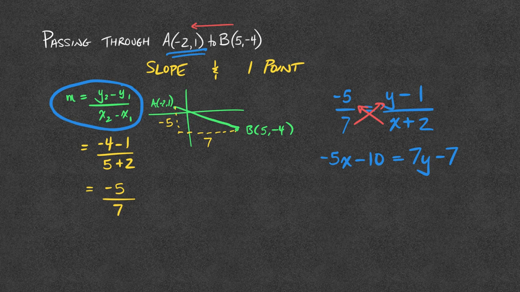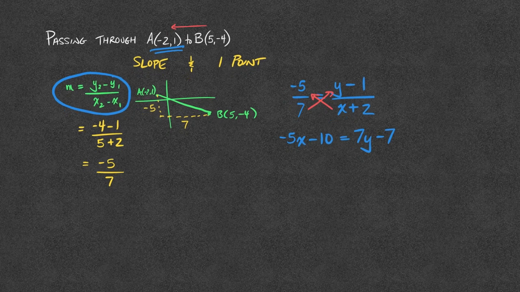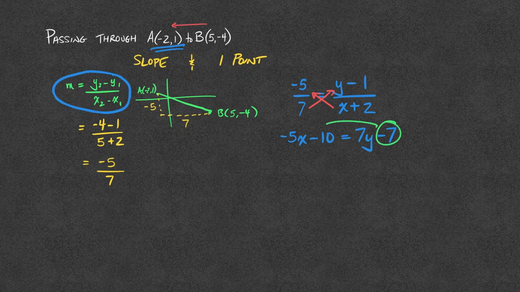Well, now I can put that in the form that we're used to. So what I could do is I could take that blue equation and I could get the y all by itself and I could put it in y equals mx plus b. So that could take me in this direction where I would get a -5x minus a 3 is going to equal 7y.